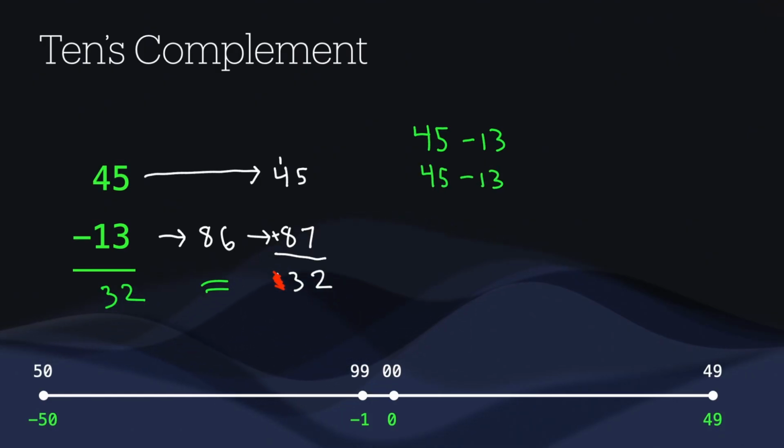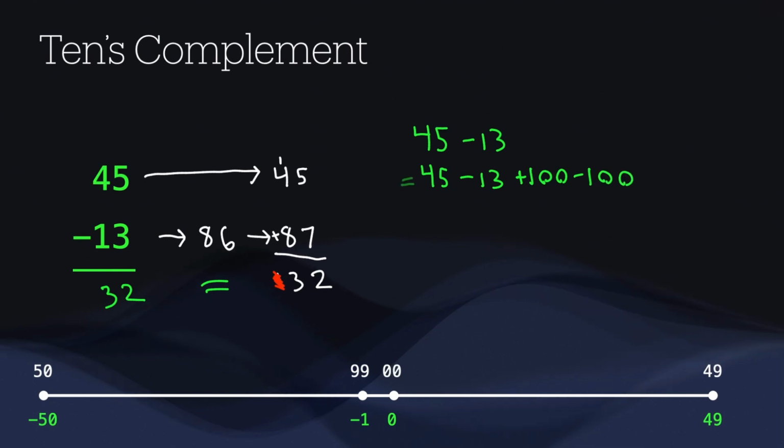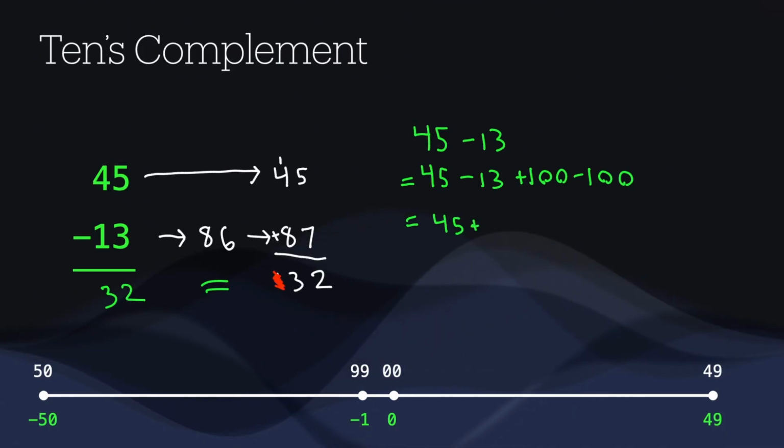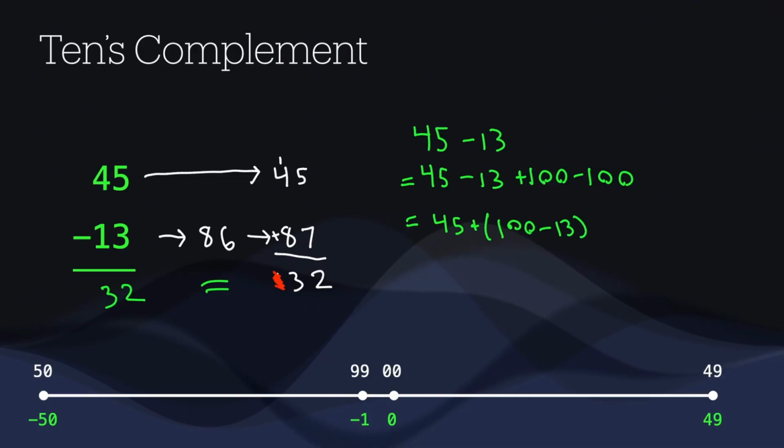I'm gonna rewrite this, but I'm going to add 100 and subtract 100. Next, what I'm gonna do is group these values. So we're gonna have 45 plus 100 minus 13, and then we're gonna subtract 100.